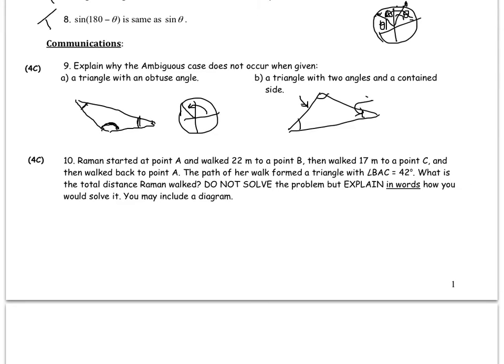The next question, which is again a communication, says Roman started at point A and walked 22 meters to point B. So it goes from A to B, which is 22 meters.